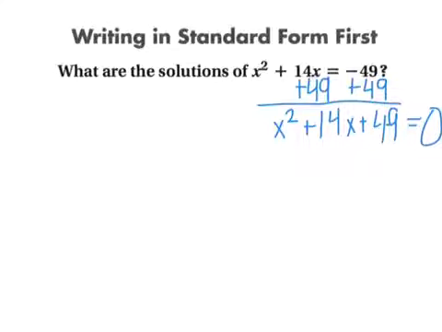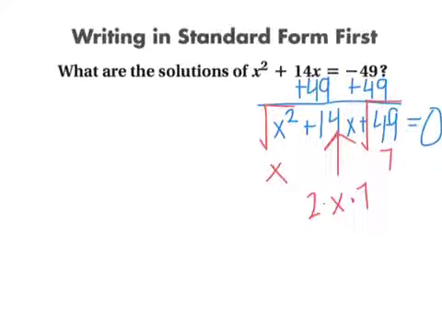Okay, and when I was writing that, I noticed something. That third term is 49, which is a perfect square. So I'm going to check if this is a perfect square trinomial. If I square root 49, I get 7, and if I square root x squared, I get x, which means my middle term should be 2ab, which would be 2 times x times 7, which is 14x.